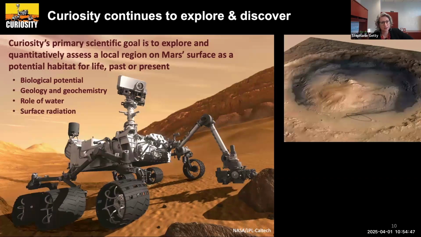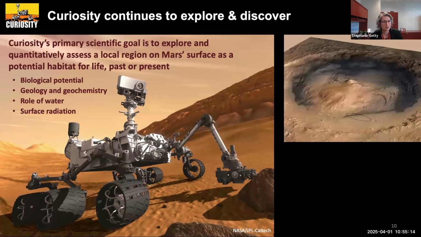It just goes to show how important these missions are to complement each other and how you are able to incorporate discoveries from prior missions into preparation for operations and some of the analog samples that you run through instrumentation. But let me turn to Curiosity for a bit now.